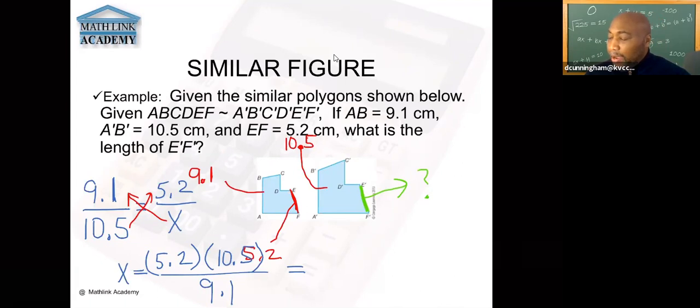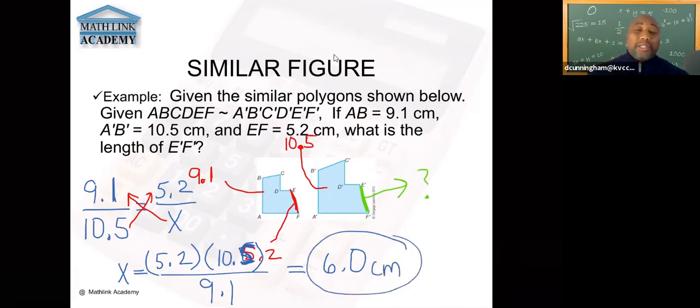Once we do the math, multiply the numerator and then divide by 9.1, we should get about 6.0. Since we're talking about centimeters, I'll leave that as my answer, 6.0 centimeters. So that will be our E prime F prime, 6.0 centimeters. So that's what we're looking at.